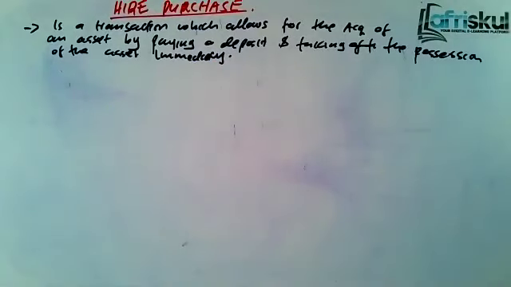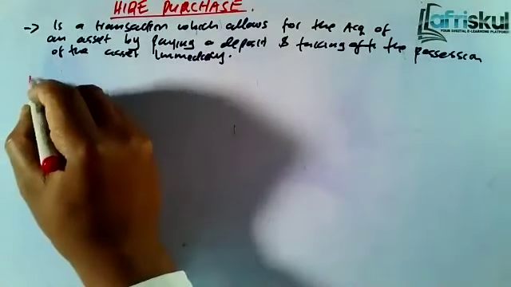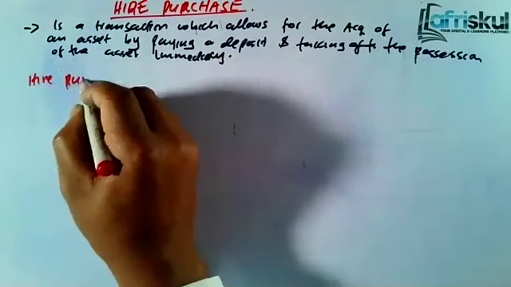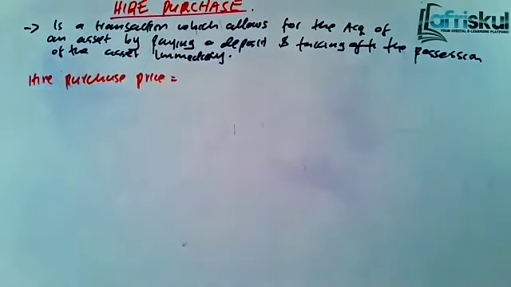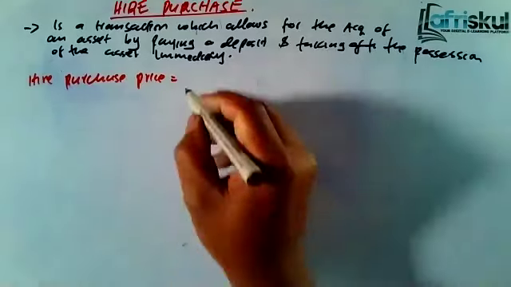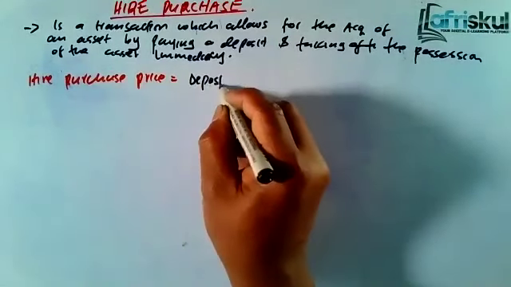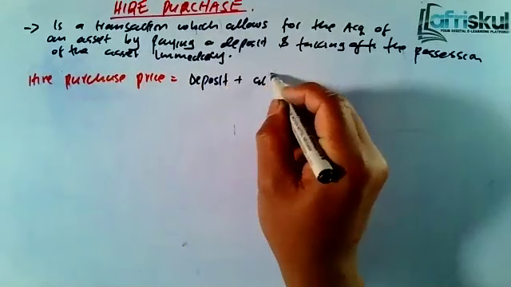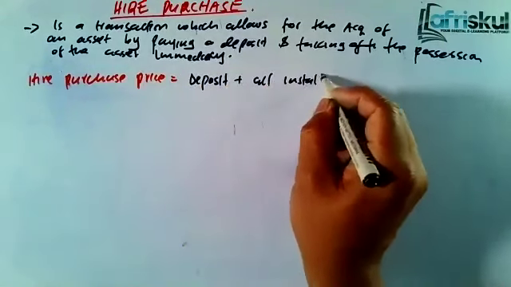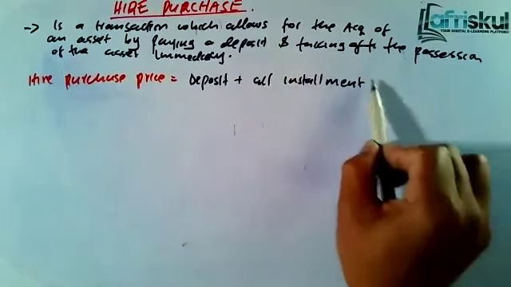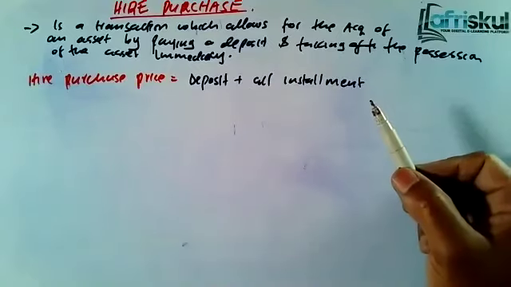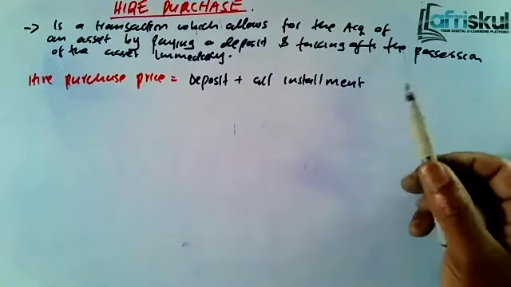And how do we determine the hire purchase price? You just take the deposit, the amount you paid as a deposit, plus all installments. You need to know that the installments you are paying usually attract interest.